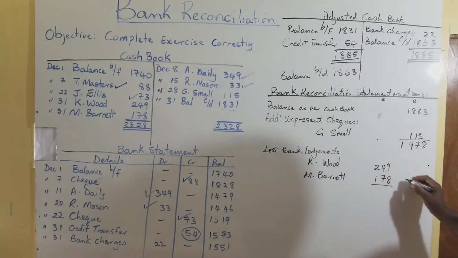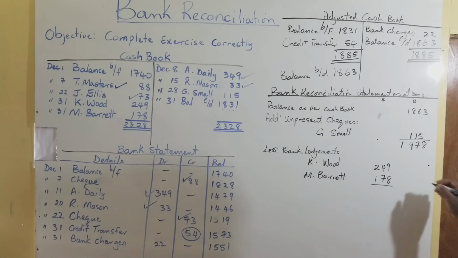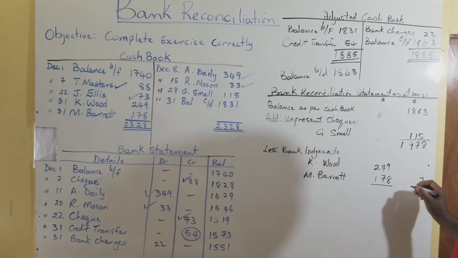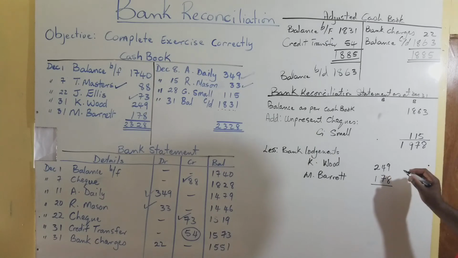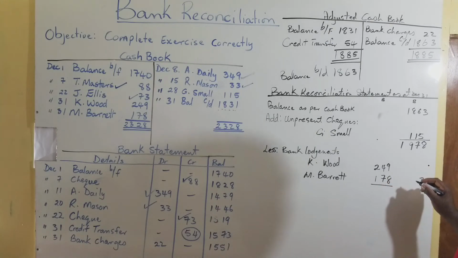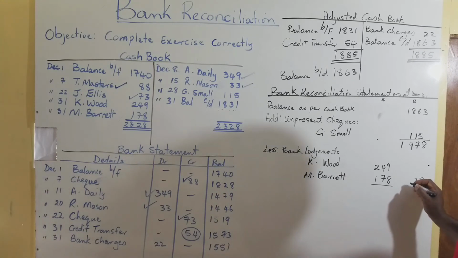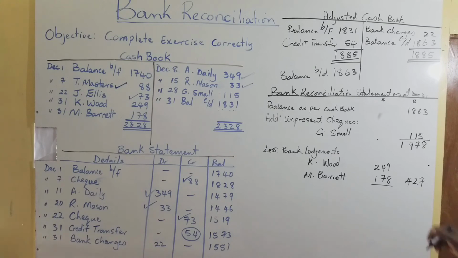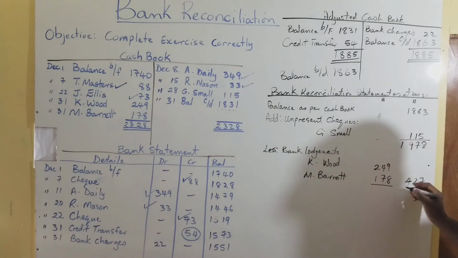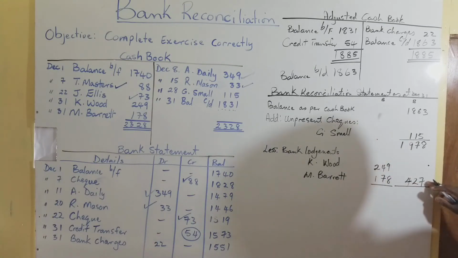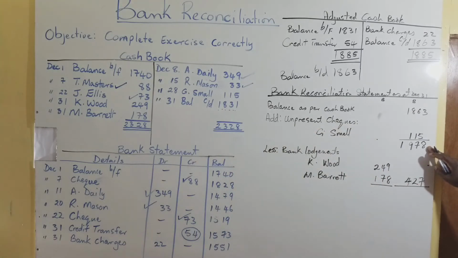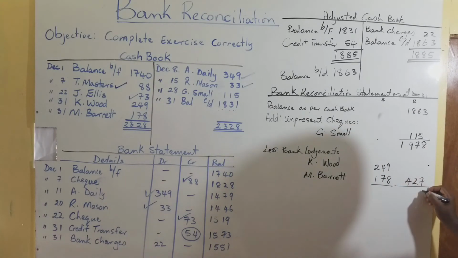So 9 and 8, that is going to give us 17, 11, 12. Yes, 12, and that's 3, 4. So it is going to be 427. We're now going to subtract this 427 from this figure. Okay, this is going to give us 1.